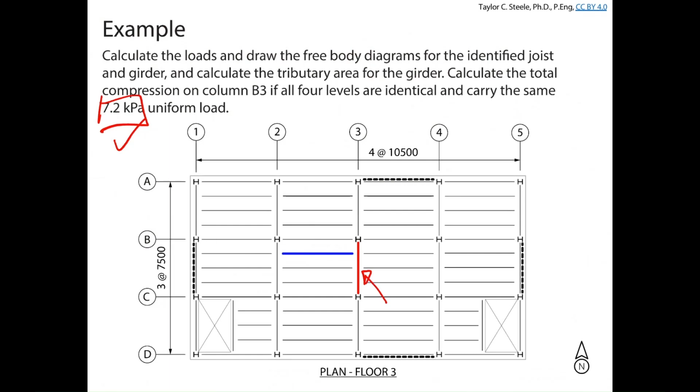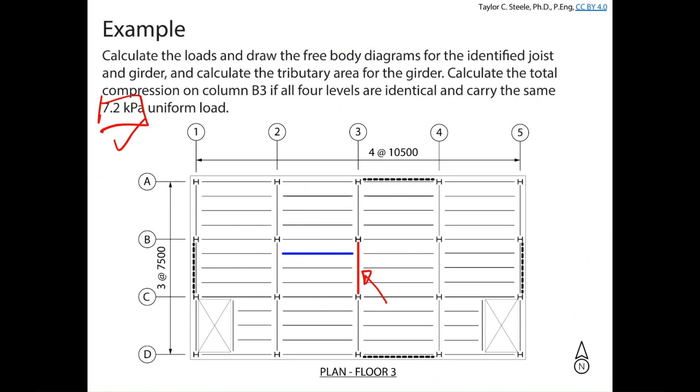The girder is going to be 7.5 meters long. But now I need to figure out, okay, which joists is this girder supporting? And what are the point loads that the joists will be placing on my girder? What are those going to be? And once I have that information, I can set up my statics problem and do the shear and bending moment diagrams.